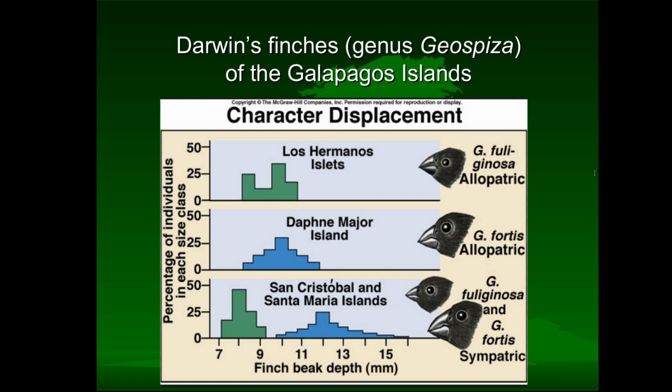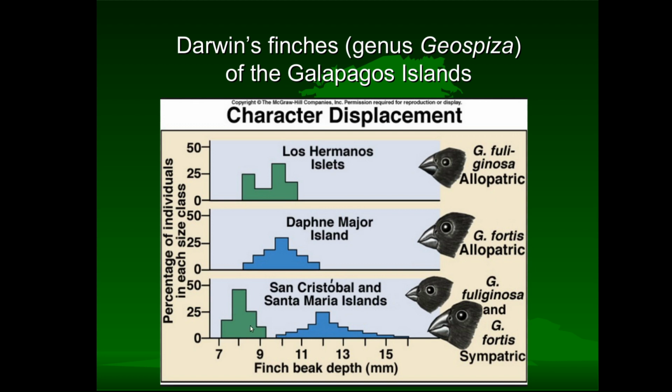So the competitive trait that's most obvious is the trait used for feeding, their beak and its size. And he found that on islands where two species of finch occurred together in sympatry, the distributions of beak sizes of the two birds hardly overlapped at all.